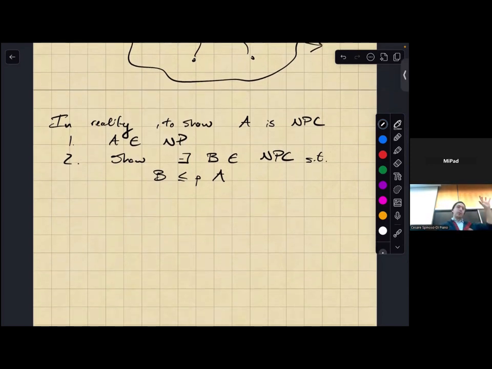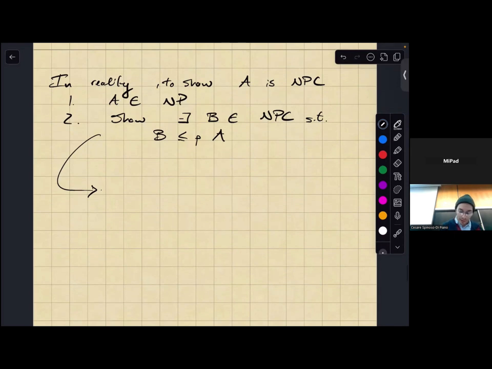Because now you're dealing with a concrete problem and you just have to take an instance of that problem and convert it in such a way that it looks like an instance of this problem. So I'll just remind you, what does the second part mean?